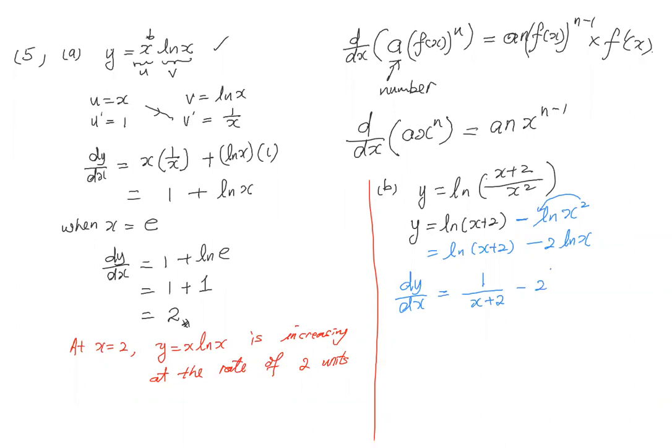Take away 2, fraction, bottom is x, top is 1. If you want to make this a single fraction, it is okay because this is not difficult. So this one must become a habit to you. So this will be equal to negative x minus 4 over x, x plus 2. Are you okay?